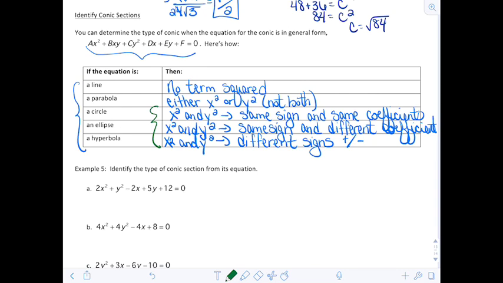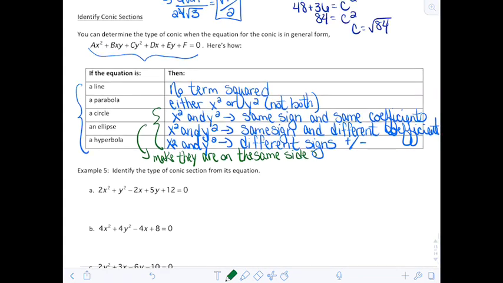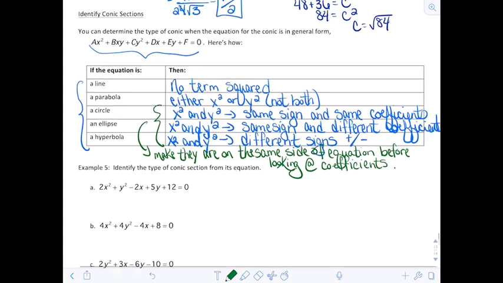If you are looking at x squared and y squared together in one equation, you want to make sure they are on the same side of the equation before looking at their coefficients. That is key.